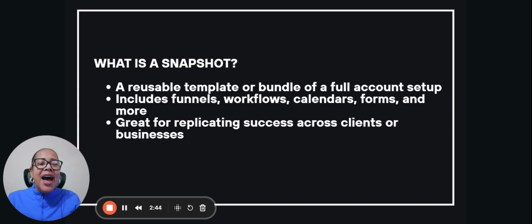So basically, if I create a really good funnel for a landscaping business, and then you were to become one of my customers, and I had a sub account, or you may have had your own sub account, I can take that complete bundled package and I can give it to you as a link, and you can download it and add it to any sub account within your Go High Level platform.